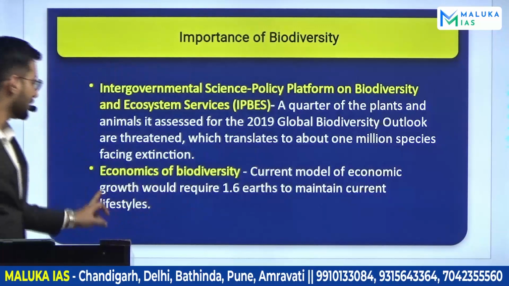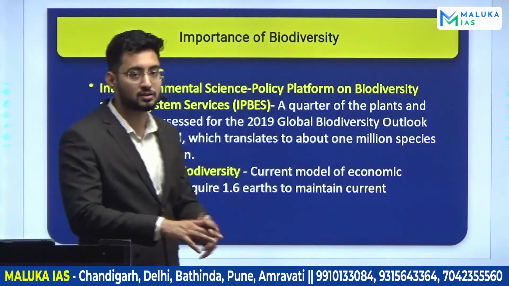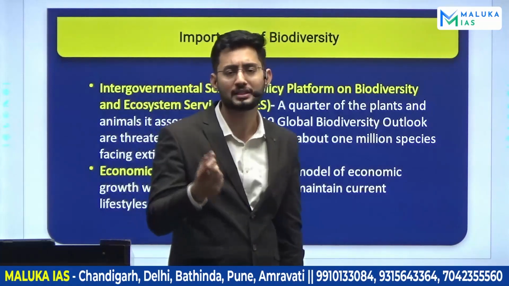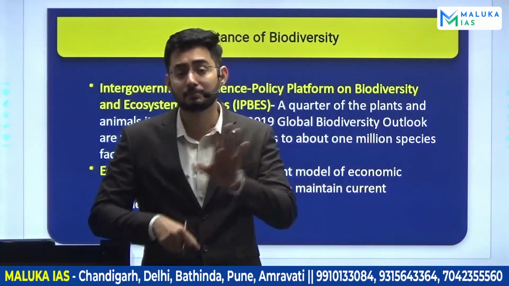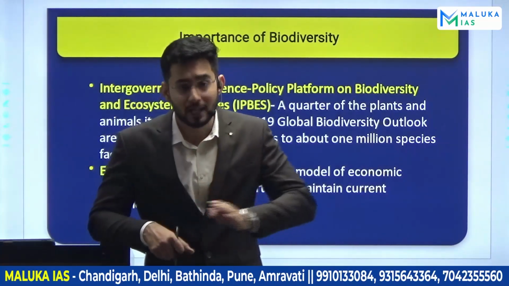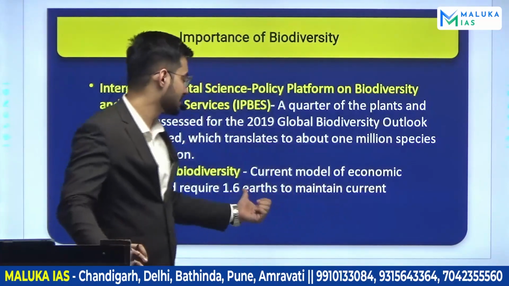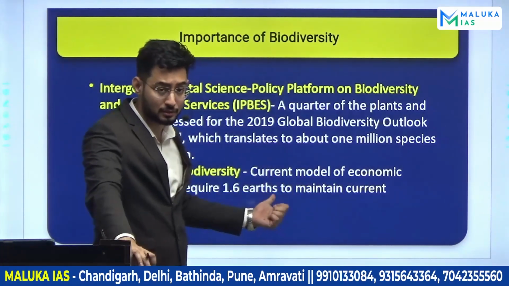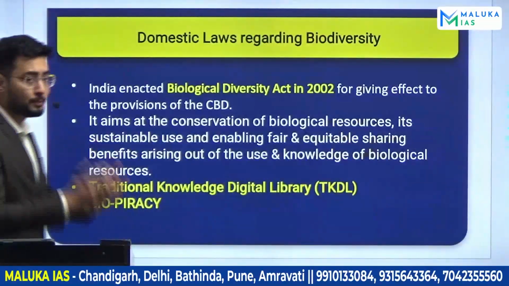Current model of economic growth would require 1.6 earths. तो मतलब अभी हमारे पास जितना natural resources, raw material available हैं for attaining success, that much is not sufficient. For continuous growth, we need 1.6 times of the earth's natural resources we have today, right? Then comes the domestic laws.